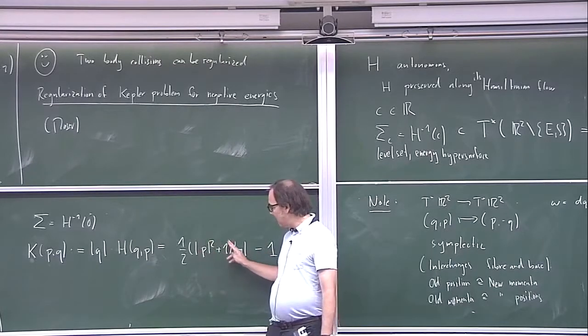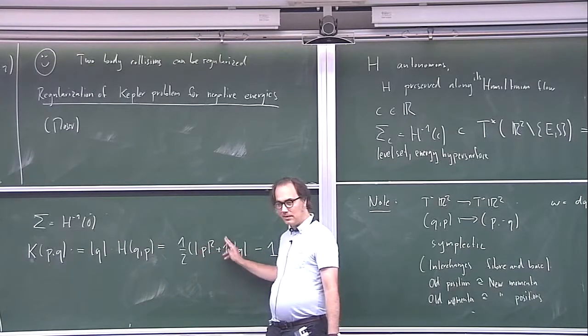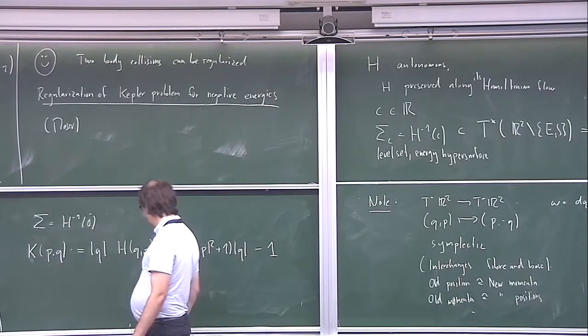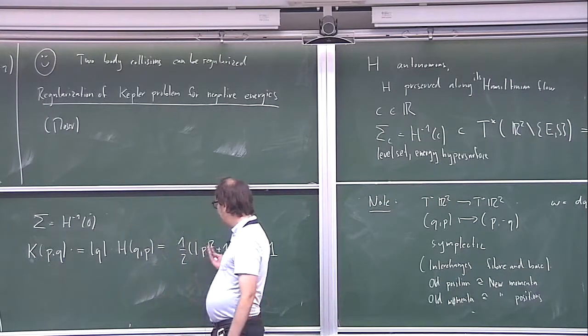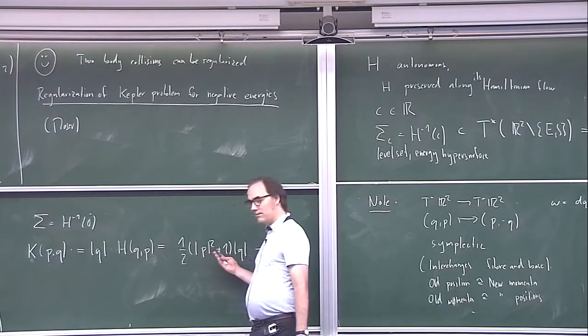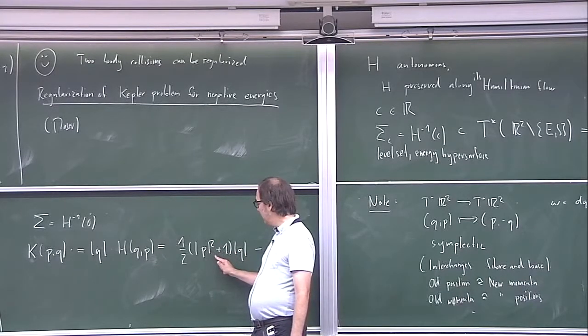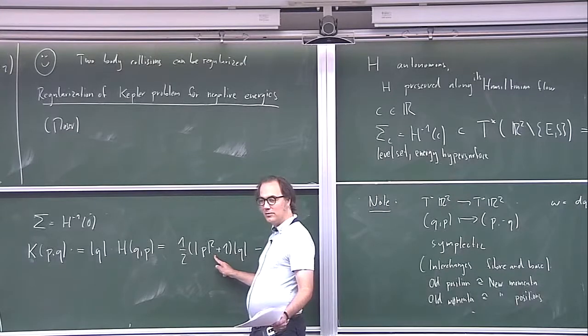And this is a metric coefficient. If you go back to your lectures on curves and surfaces, then this is the cometric you obtain by stereographic projection from the sphere.